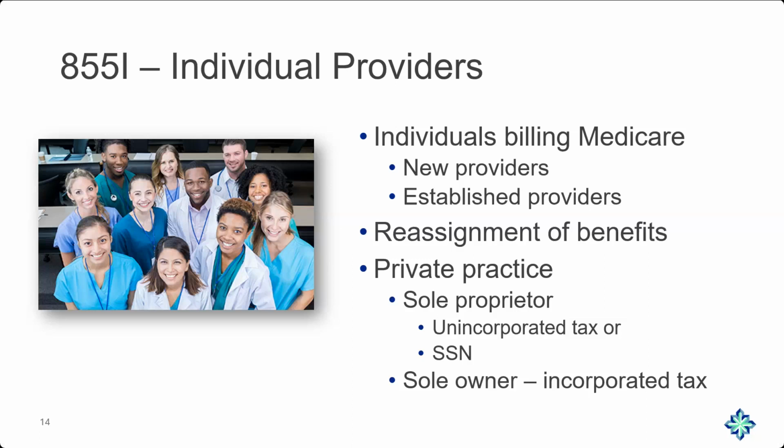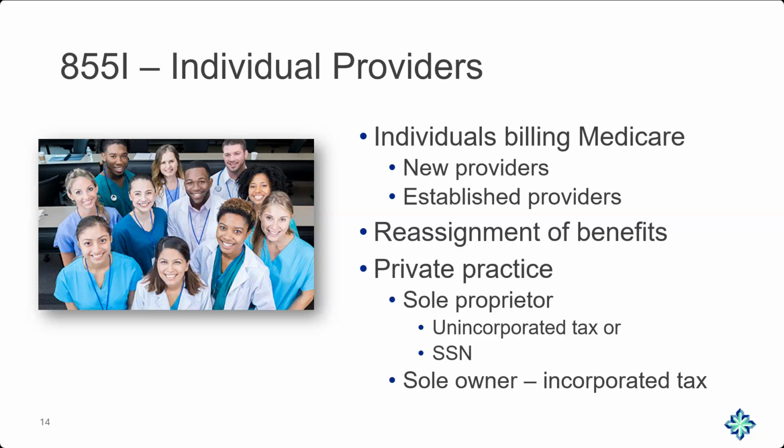They'll also use it to make any changes to their enrollment information. So if they need to change a contact, if they need to change a name, if there is an adverse legal action that they need to report, that's all done on the I. We also use the 855I for individual practitioners that are in what we call private practice, meaning they don't have an employer. This is going to be your smaller clinics or smaller offices where there's maybe just one provider, and they are a sole proprietor under their unincorporated tax or their social security number only, or they are incorporated, they have a business, but they are the only owner of it.